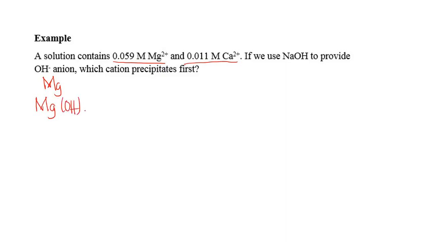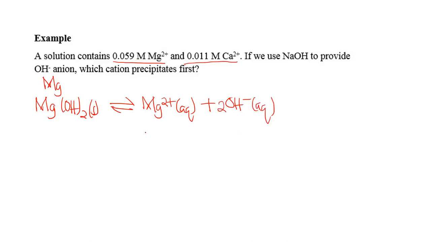Magnesium hydroxide solid forms magnesium cation and hydroxide anion. Normally I'll give you the KSP. The KSP for this is 2.06 times 10 to the power negative 13.